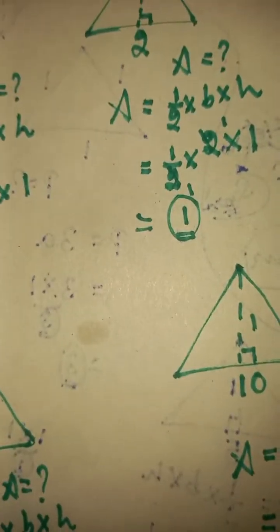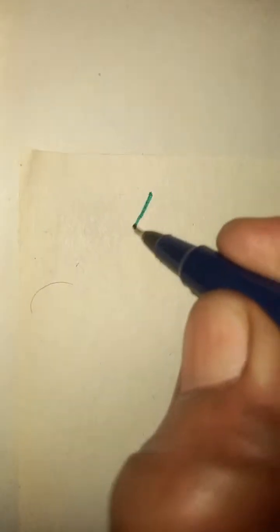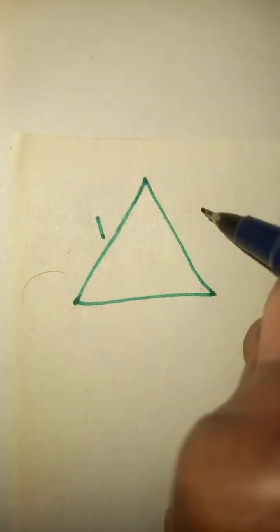Let's take another one. Next I'm going to tell about equilateral triangles. In equilateral triangles, all sides have equal length, which means all sides are equal to 1 unit.